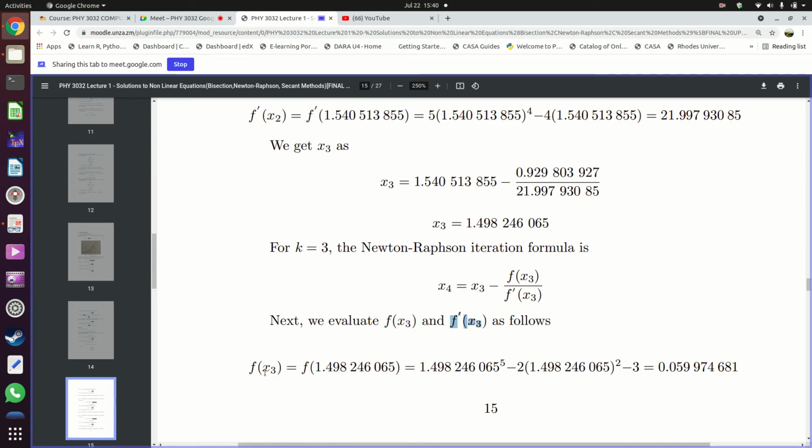In this case, your value of the function f of x3 is going to be f of 1.498246065. Then you end up having 1.498246065 to the power 5 minus 2 times 1.498246065 to the power 2 minus 3, and we end up having this as the value of the function at x3.